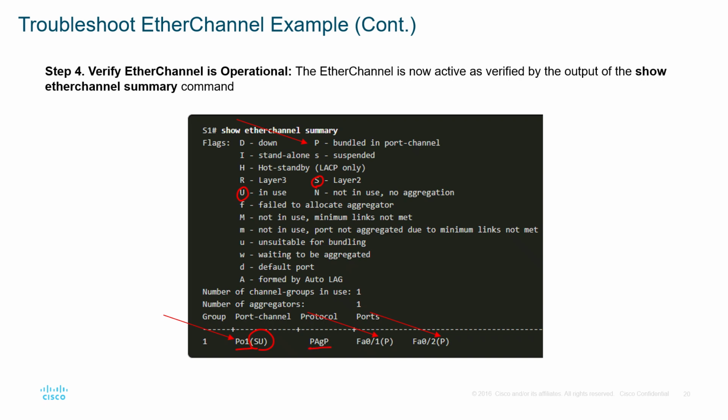Before, I didn't have a designated mode because they could not form a channel. And my Fa0/1 and Fa0/2 are both bundled in a port channel. This is what you want to see when you do your EtherChannel configurations. This right here is 100% functional.